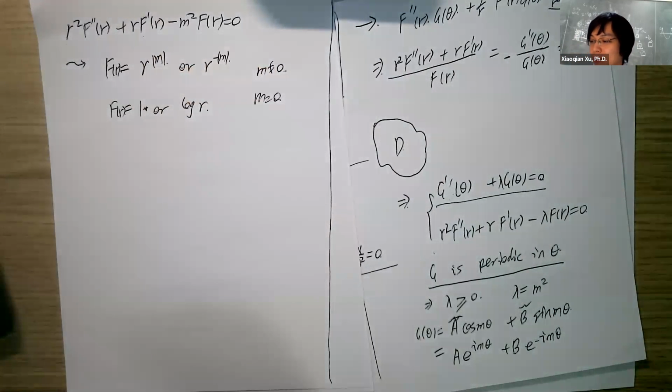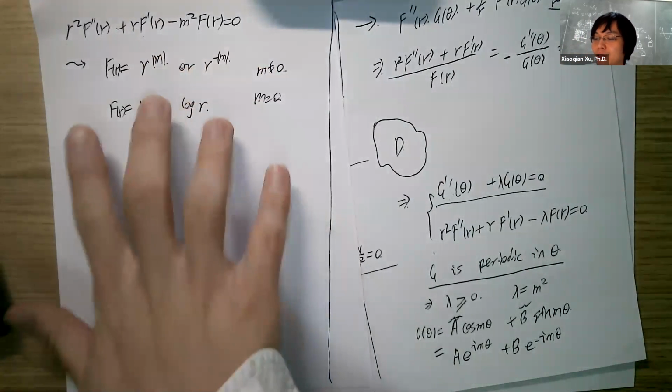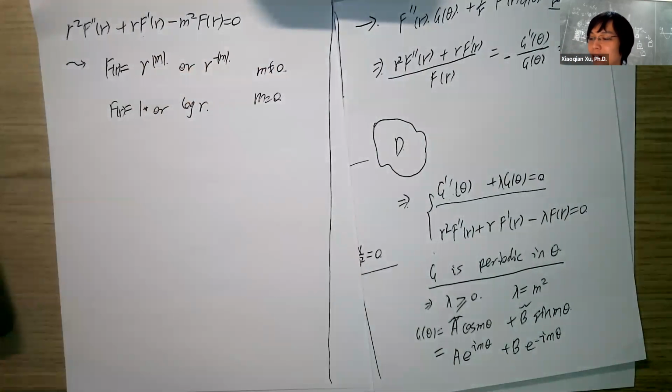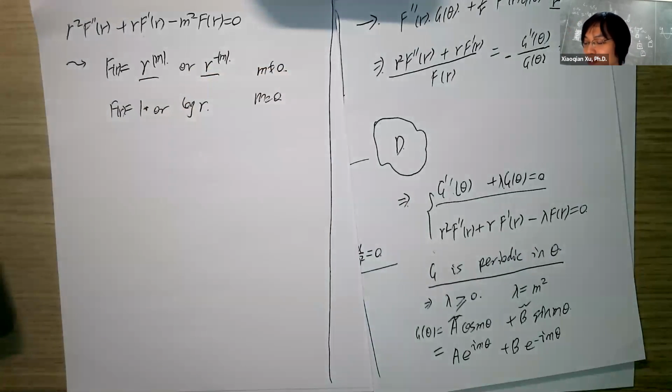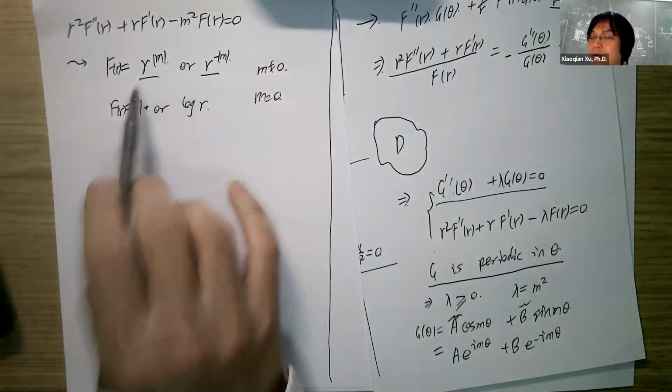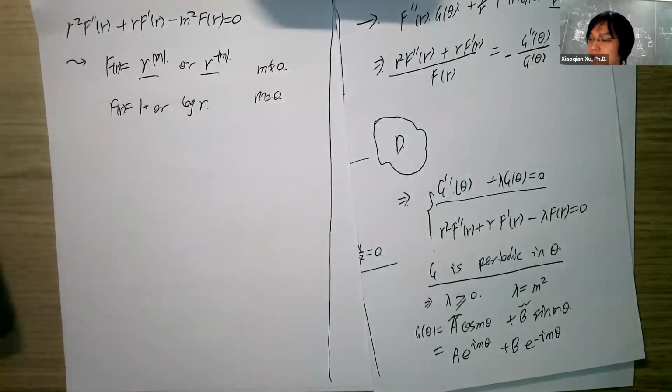Well, you have a homework problem to show these are the only solutions to this ODE, and it has a hint. Don't worry, it's not very hard. So we solved it, and we got two solutions.